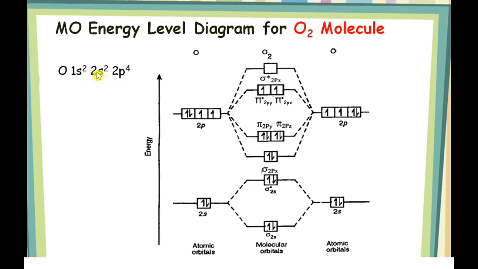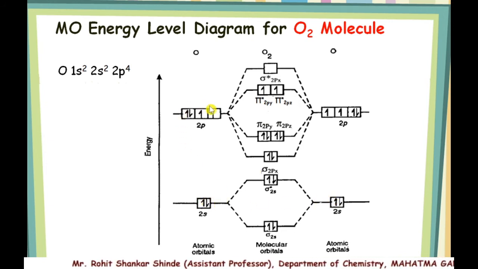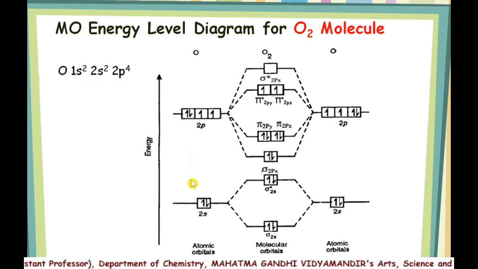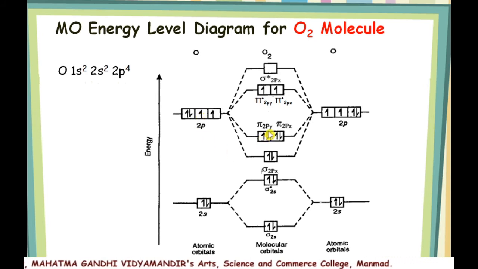Only the 2s and 2p orbitals with their electrons take part in bonding. The two 2s orbitals and 6 2p orbitals, it means total 8 atomic orbitals, form 8 molecular orbitals.